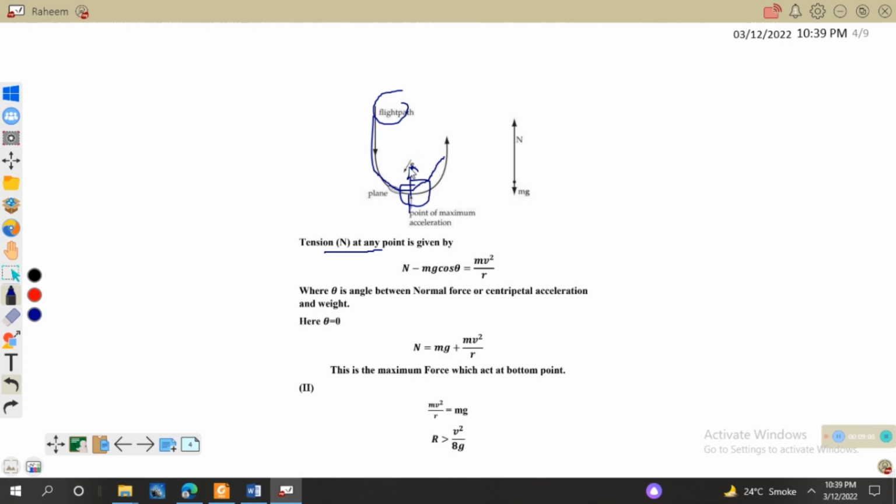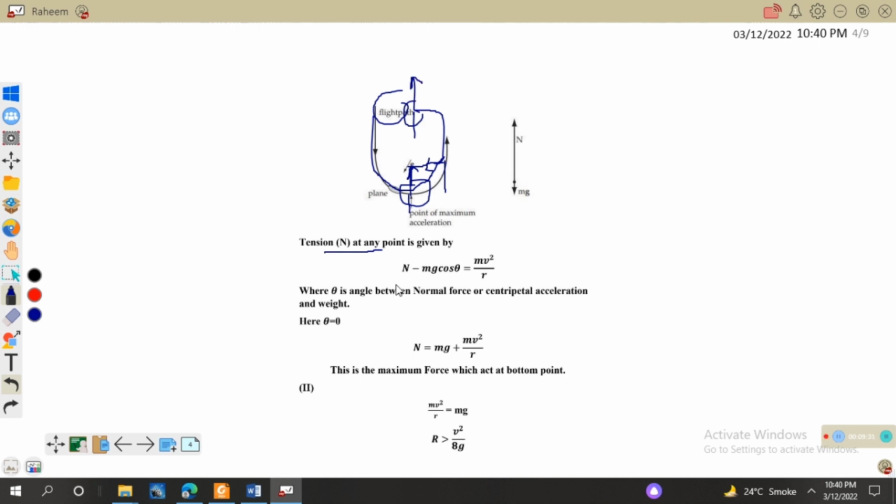If we find this normal force or tension here, it will be like this and the weight is downward. So here the angle will be 90 and here the angle will be 0. For the point where it follows a circular path, the weight will be downward and the normal force will be upward.